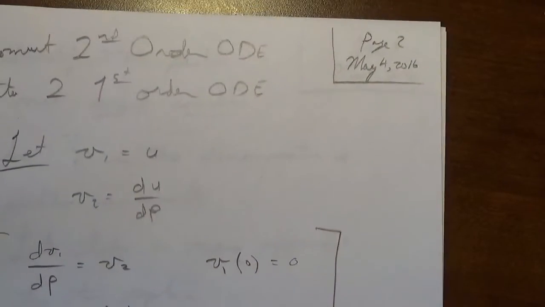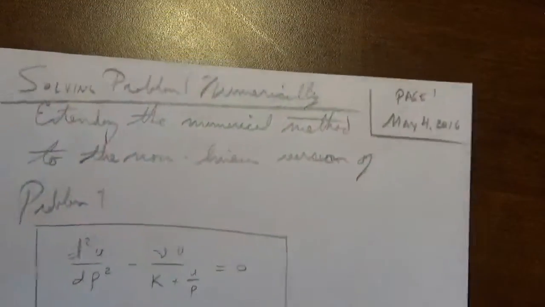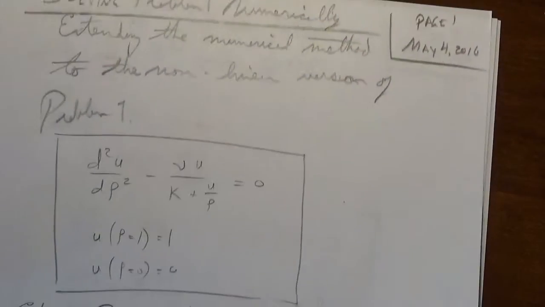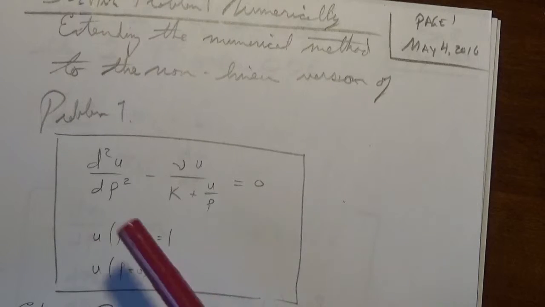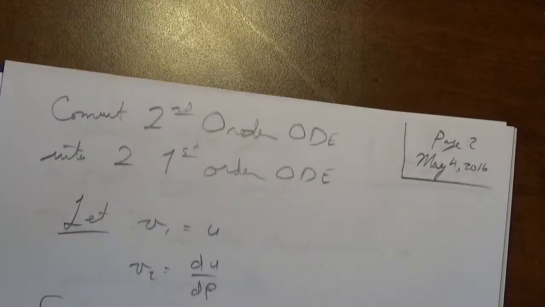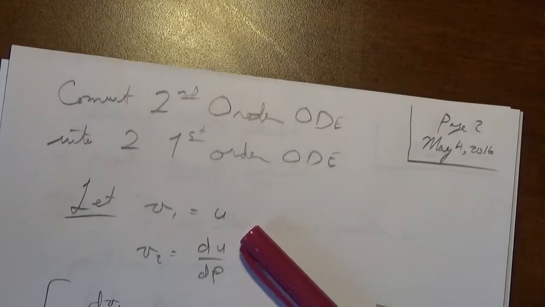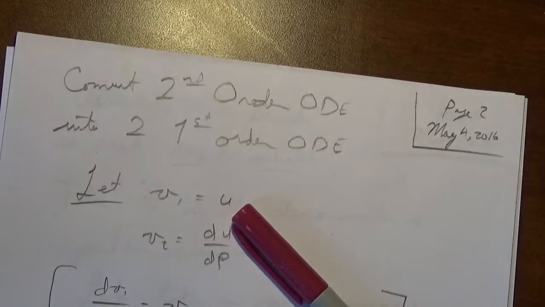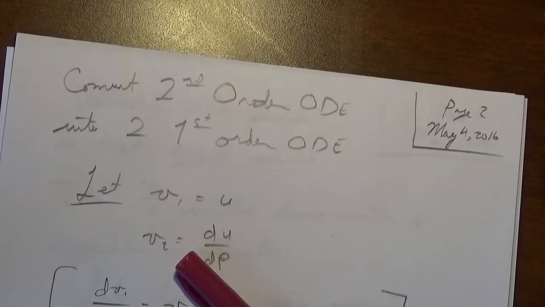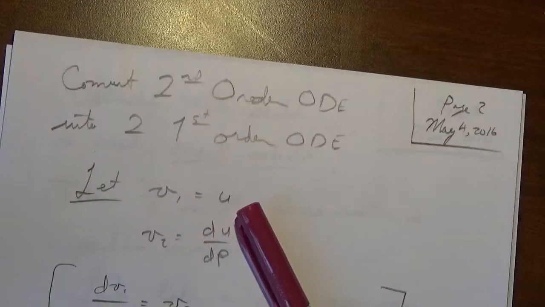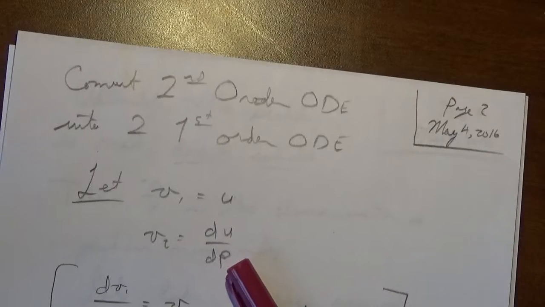The other part of the issue is that in order to use Runge-Kutta, we have to be dealing with a first order problem, and this is a second order. So we have to convert a second order ODE into two first order equations, by transforming from U to V1 and V2, where V1 is just U, and V2 is the derivative of U with respect to rho.